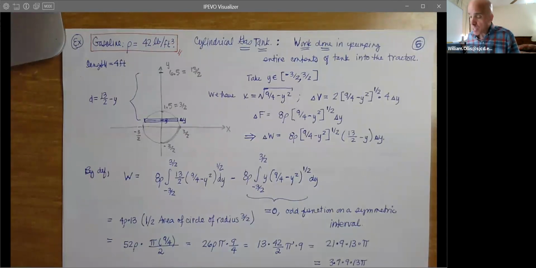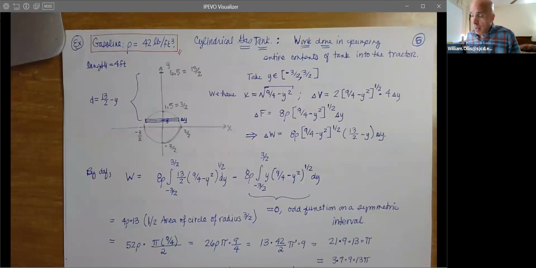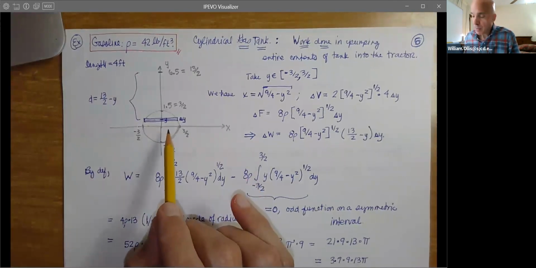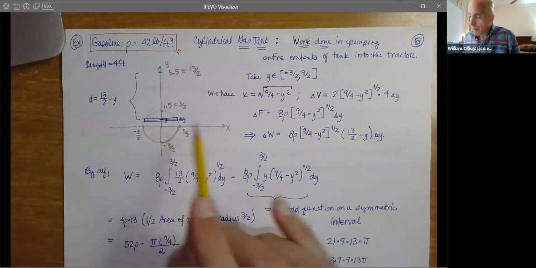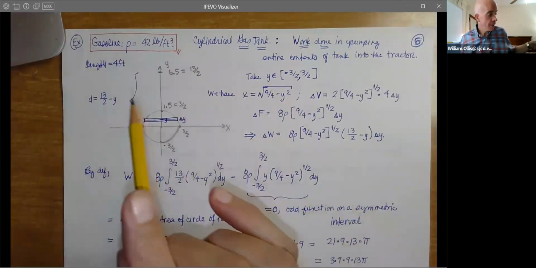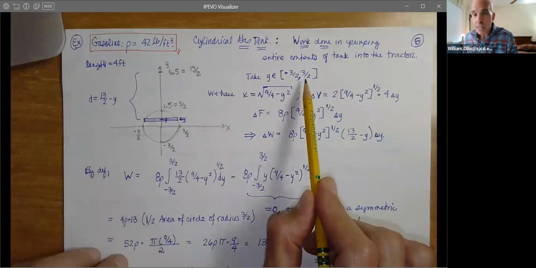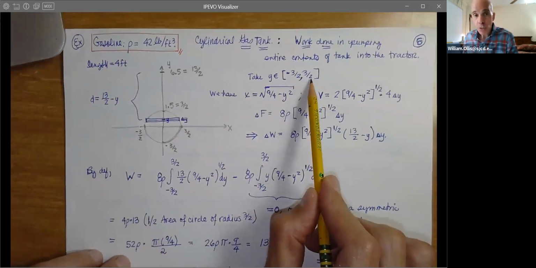Now, notice here, when we think of taking a cross section, and this is what's important, we've got this tank that has a diameter of 3 feet, so that means it has a radius of 3/2.